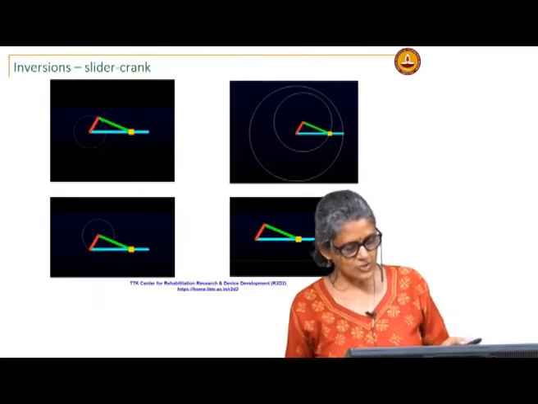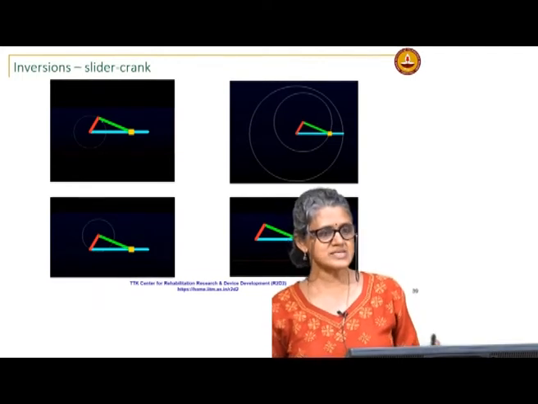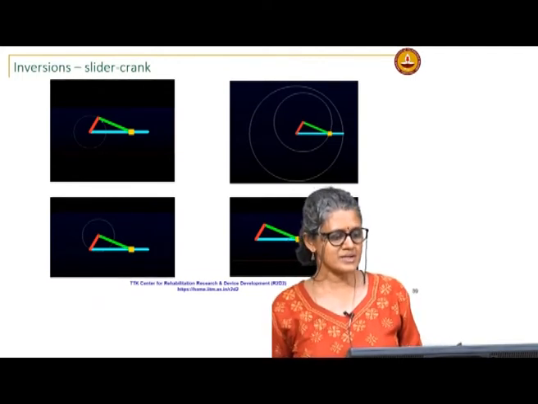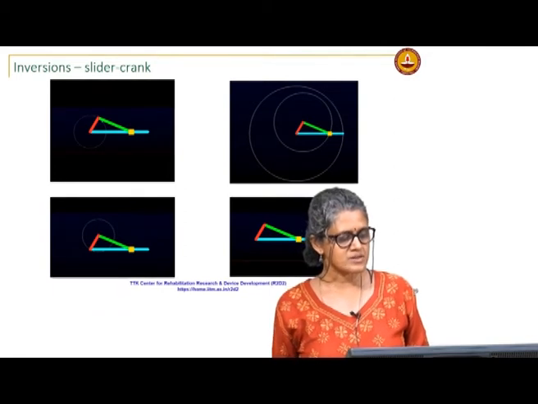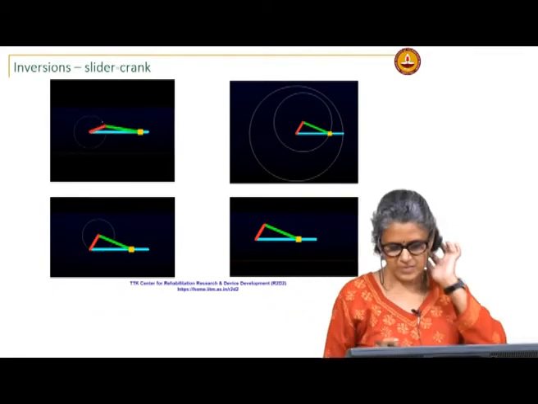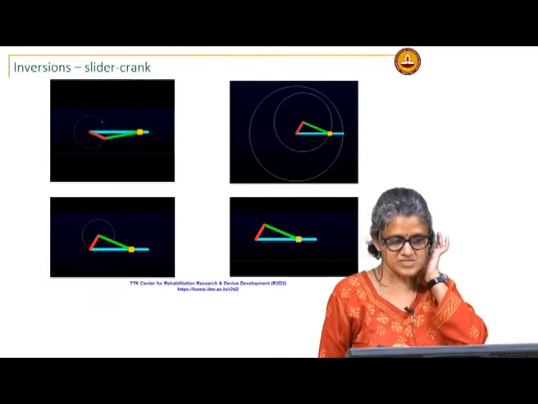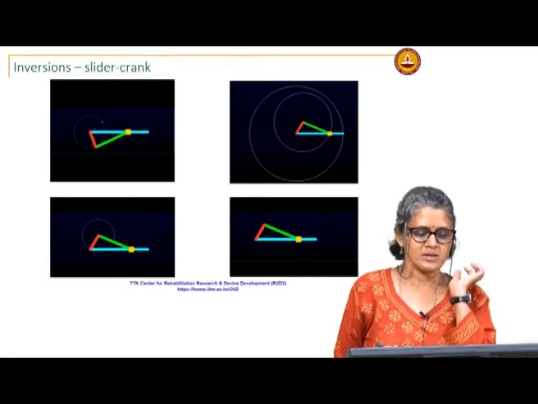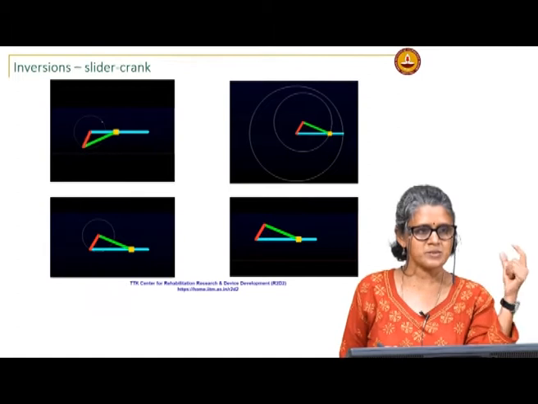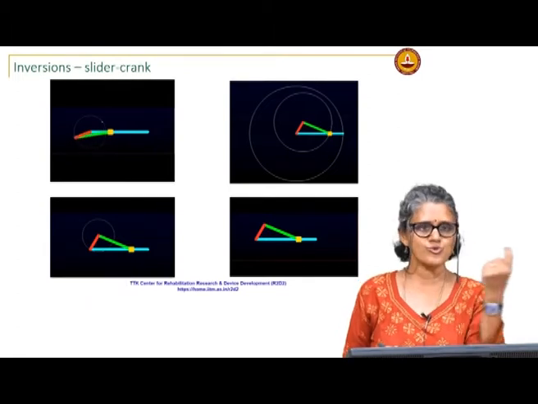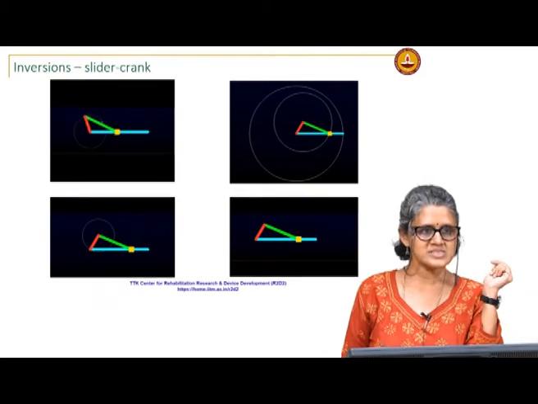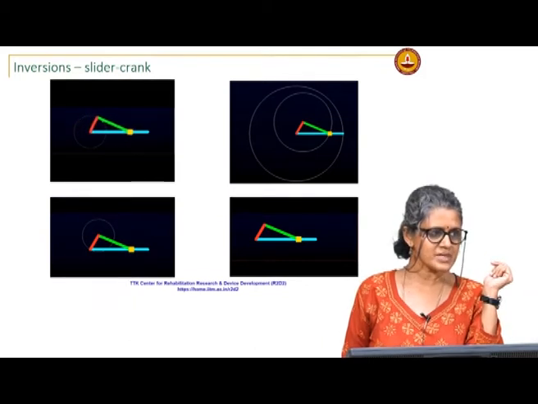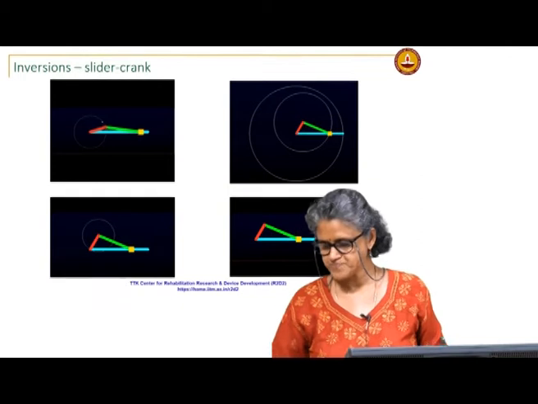Here you can see that all 4 of them are essentially the same slider crank, but in each of these a different link is fixed. So, let us start with the path fixed and the slider block moving back and forth on that path. So, the slider block has translatory motion in this case.